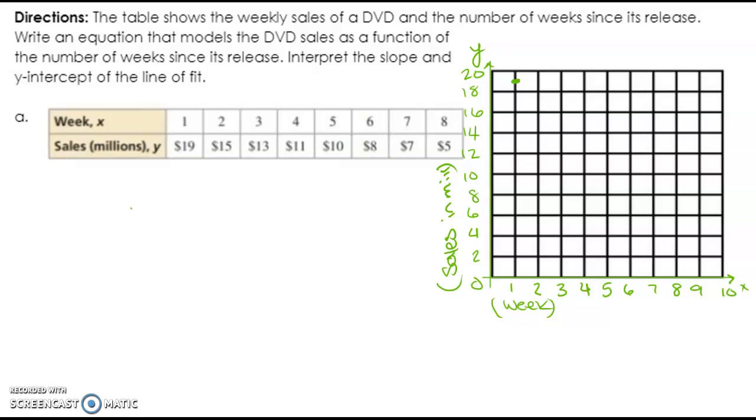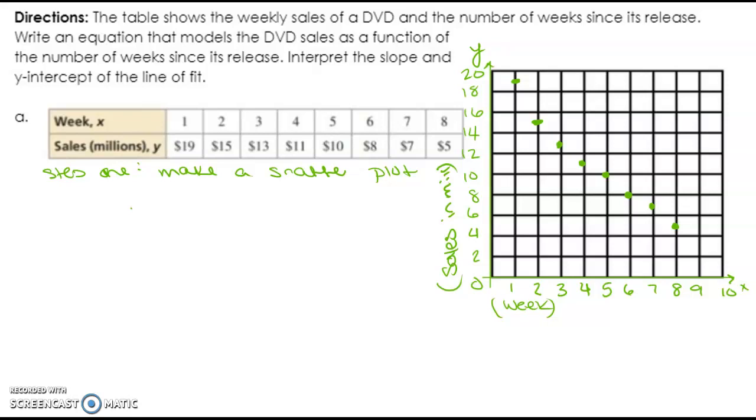Then 2, 15, our second point, is roughly about there. Then 3, 13, 4, 11, 5, 10, 6, 8, 7, 7, and 8, 5. So this is roughly what our scatter plot looks like. So step one, we want to make a scatter plot.